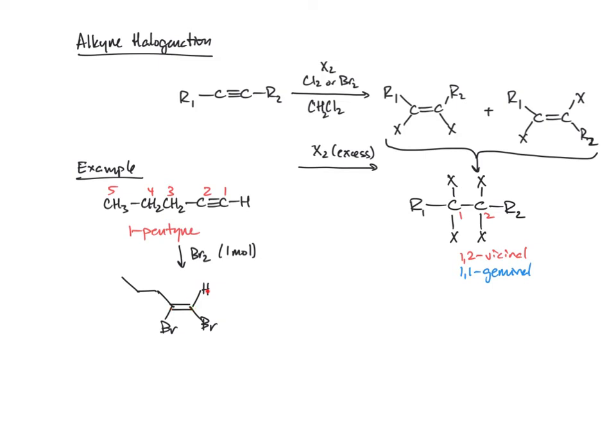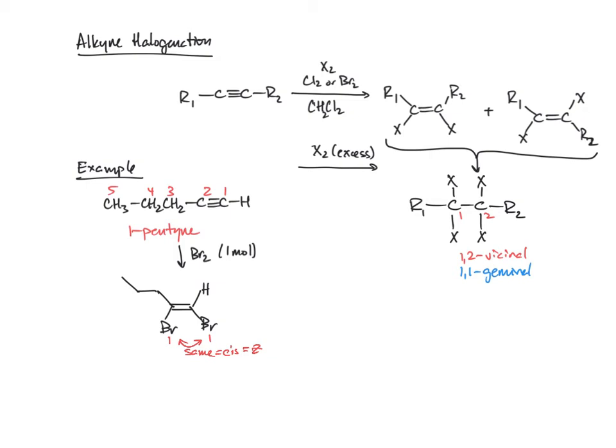We're comparing the substituents, so the atomic number. So bromine has a higher atomic number than hydrogen. So we would say this is 1. We go over to the other sp2 hybridized carbon. Bromine versus carbon. Bromine wins. This is 1. So the 1s are on the same face. So that equals cis or Z.